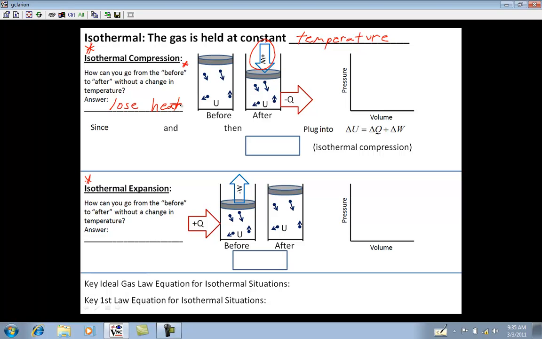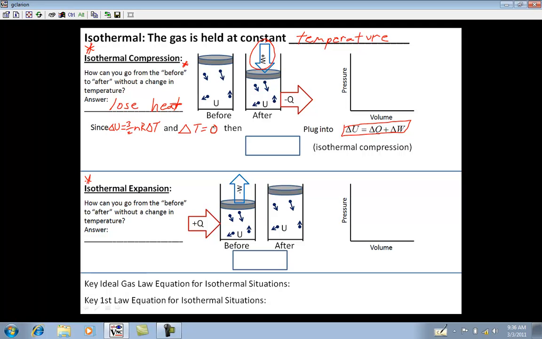Now, you need to know how all of these things apply to the first law. So here's the first law. Since delta U, you should have this memorized. Delta U is equal to what? 3/2 nR delta T. And because the change in temperature, what's the change in temperature going to be if it's held at a constant temperature?